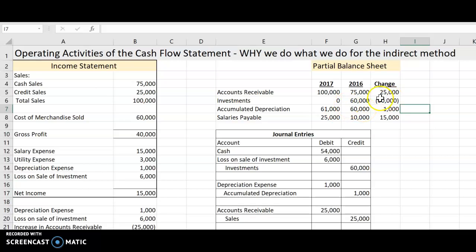So that has my depreciation. However, beware that if you would have also sold a depreciable asset, you would need to take that into account before assuming that all of this was current year depreciation expense. And that's beyond the scope of this lecture, but I just wanted to put in that warning.